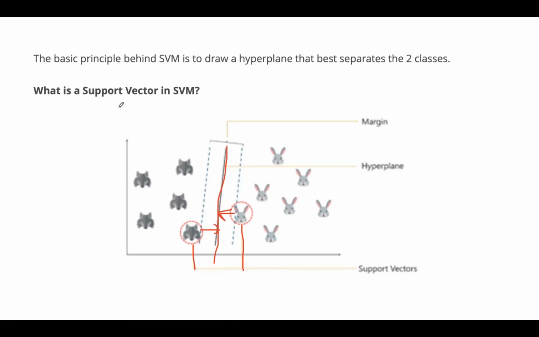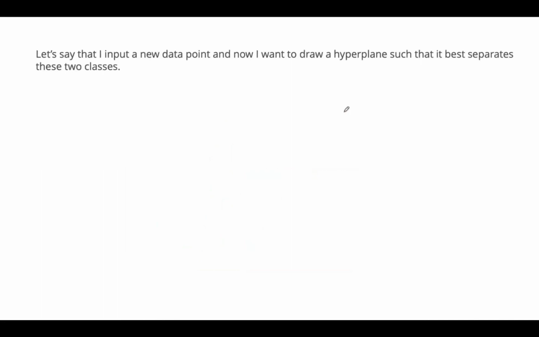This distance between the hyperplane and the support vectors, we call the margin. So here SVM is used to classify data by using a hyperplane such that the distance between the hyperplane and support vectors is maximum.